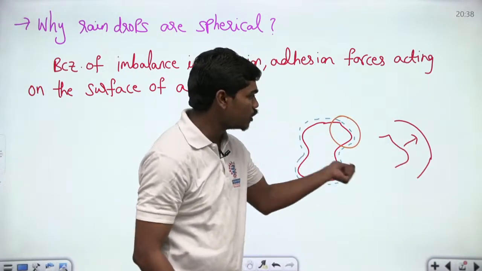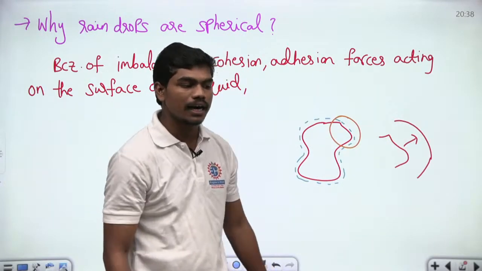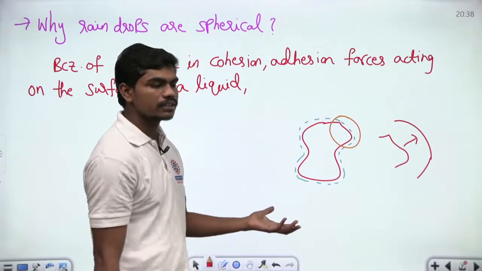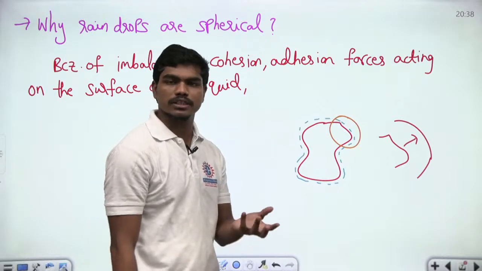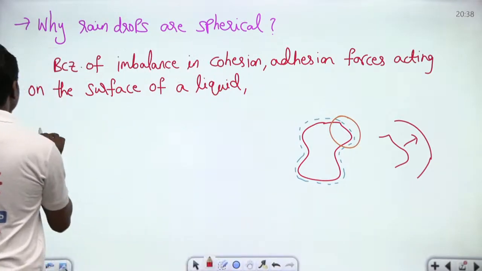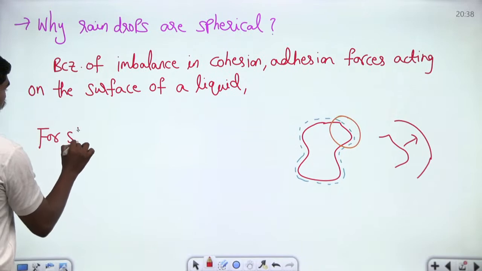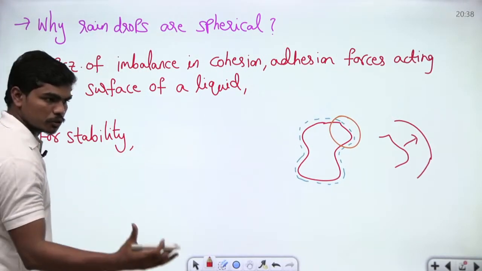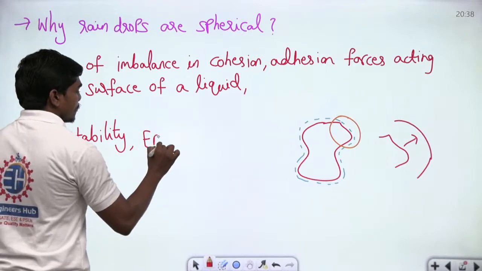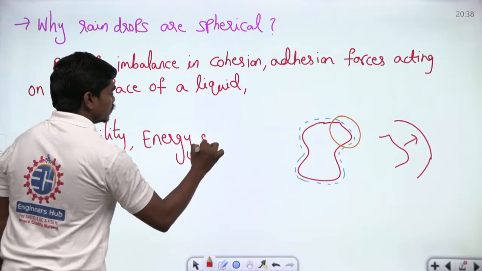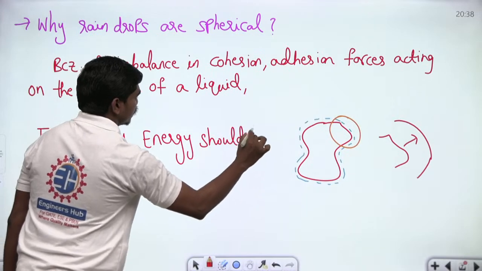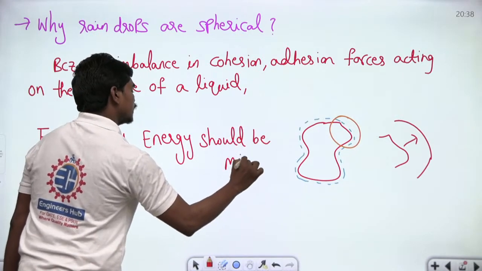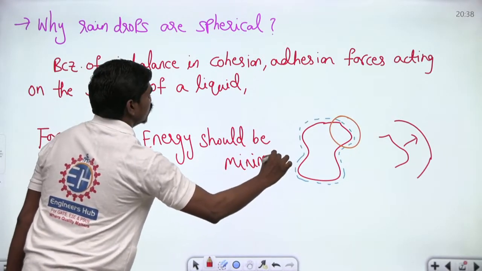Then this local stretching together will put up a sphere, and you know a sphere has the minimum surface area, so the work done will always be minimum for stability. For stability, the energy of the system should be minimum.